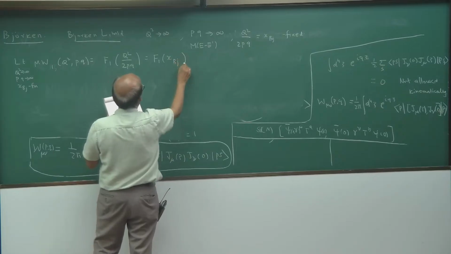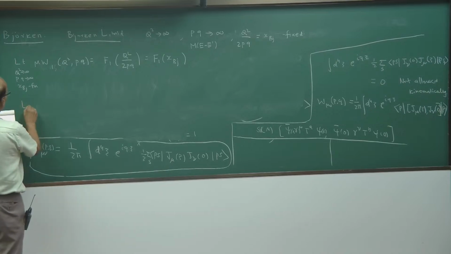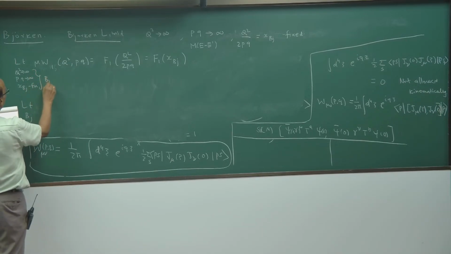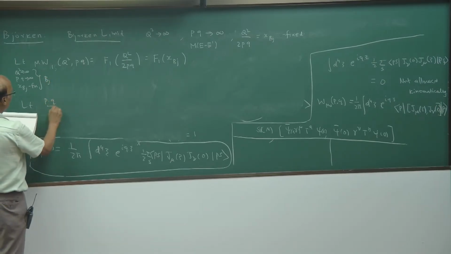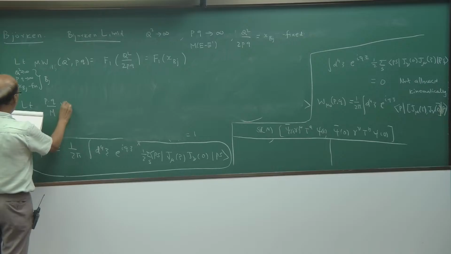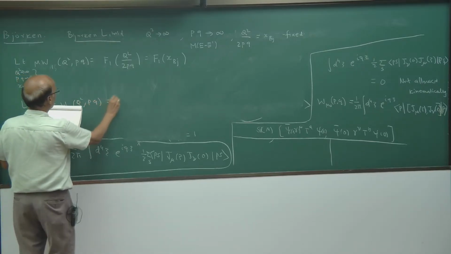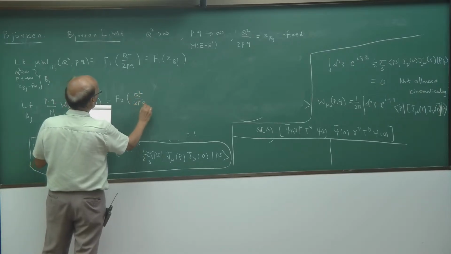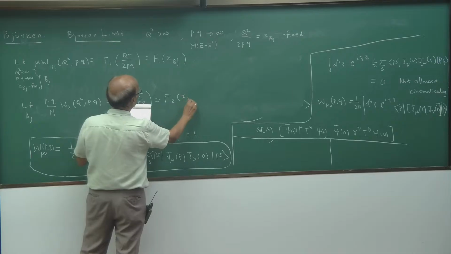He didn't put xbj, he had only x. In the same limit, let me call it the Bjorken limit, if you calculate this quantity, P dot Q by m, W2(Q squared, P dot Q) is F2 of Q squared by 2 P dot Q, which is F2 of xbj.